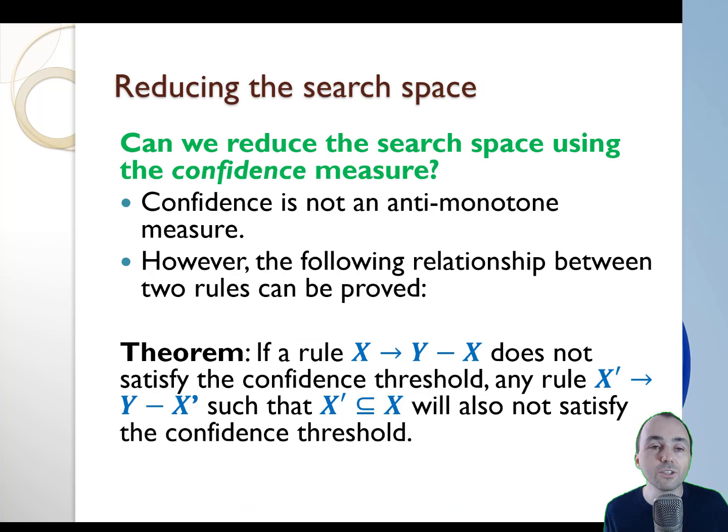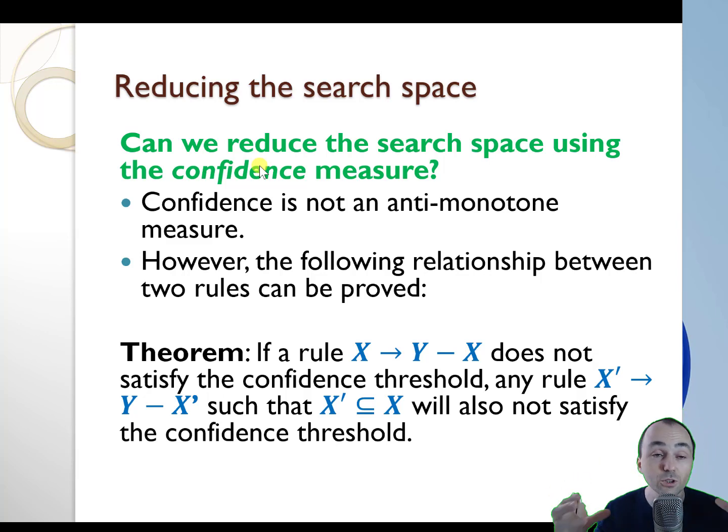So let's continue. Now I want to explain a little bit more about how we can reduce the search. We don't want to look at all the possible association rules. So there is a question here. Could we use the confidence to also reduce the search space? So for the support, we had the a priori property I showed you before.